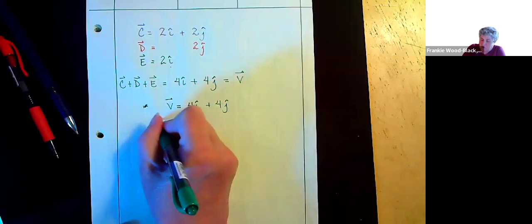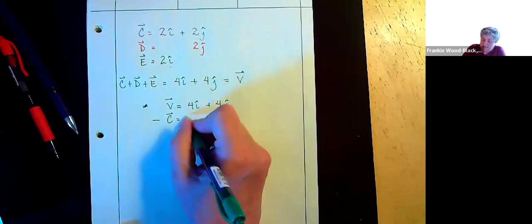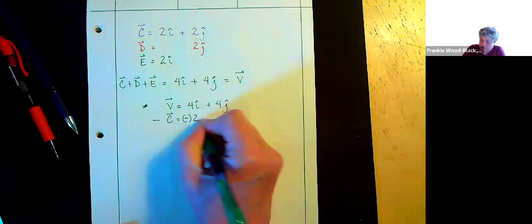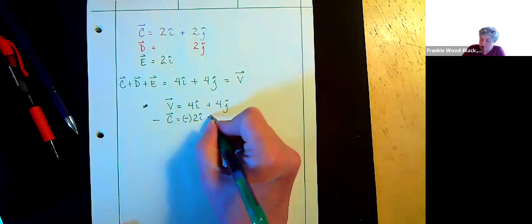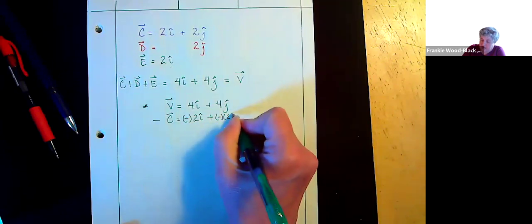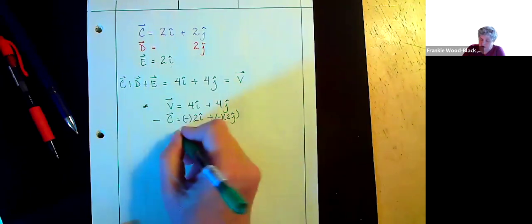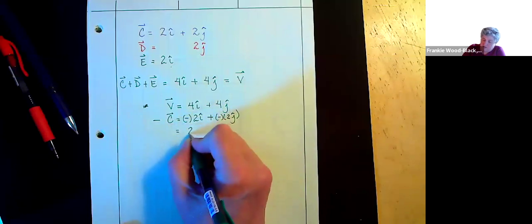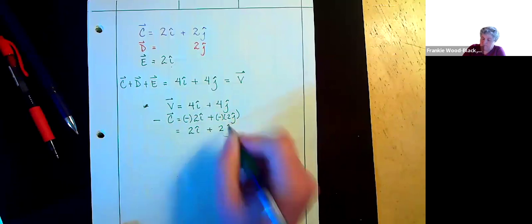And I'm going to subtract vector C. That's going to be a minus in front of my 2i, and I'm going to do a minus in front of my 2j, because I can do that negative there. And so now V minus C is going to be 2i plus 2j.